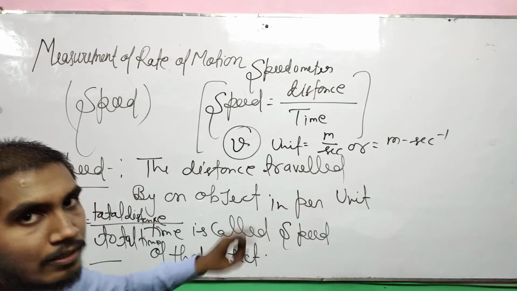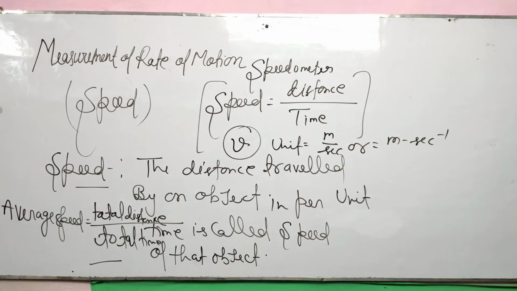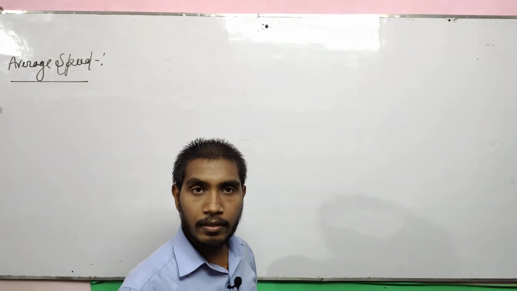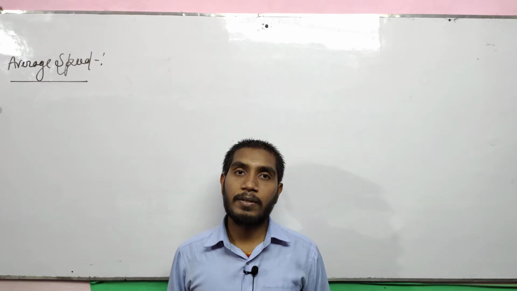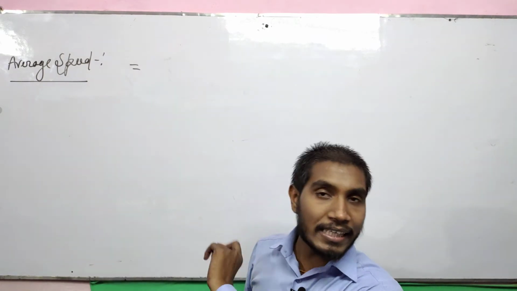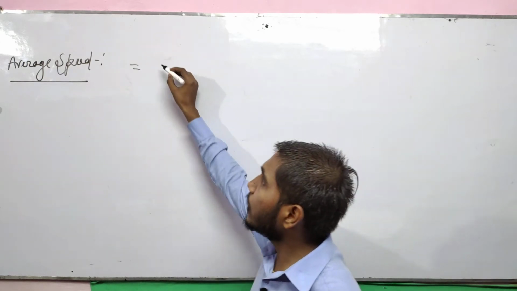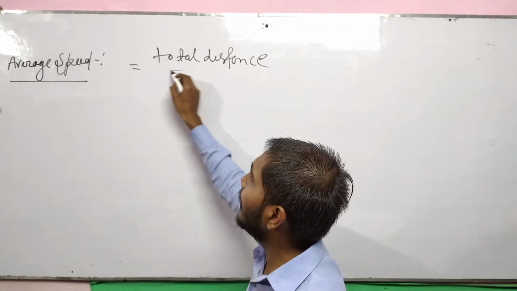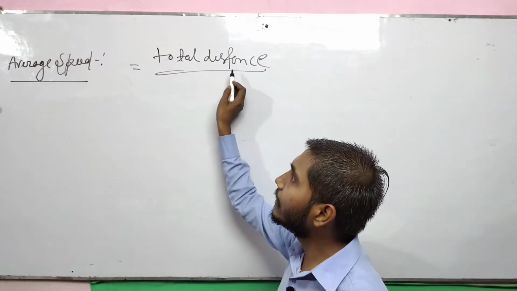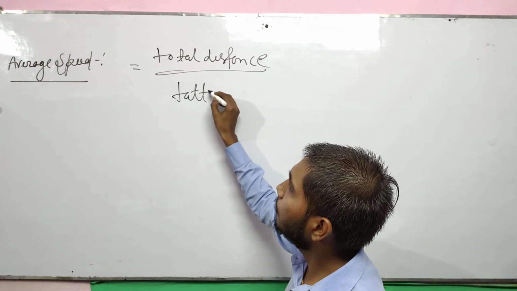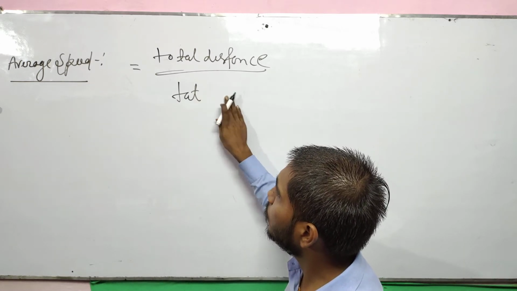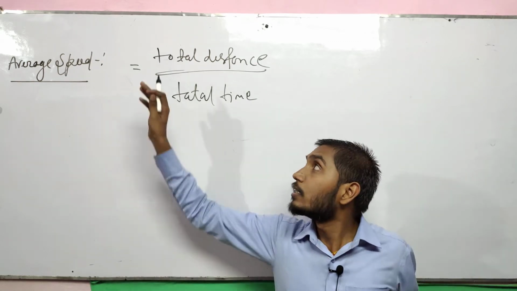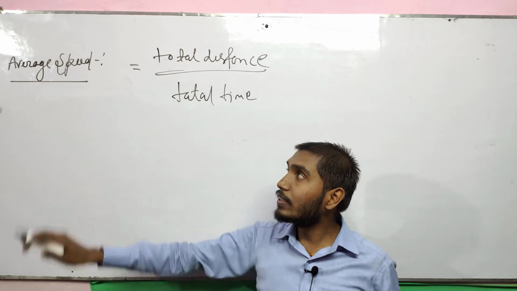Once again, what is average speed? The total distance covered by an object divided by the total time taken to cover that total distance is called which speed?